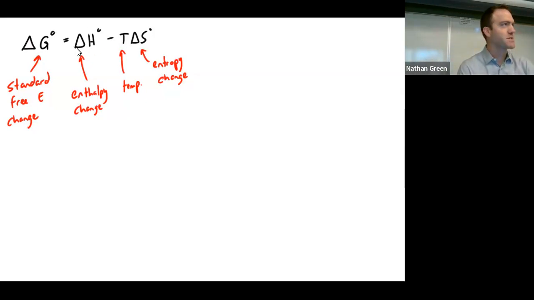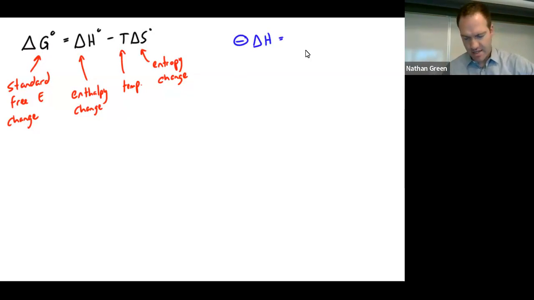Let's think about these terms as far as giving off heat or taking in heat, becoming more disordered or more ordered. If we want delta G to be negative, we want delta H to be negative, because a negative delta H, there's no term in front of this, is going to make delta G negative. The more negative delta H is, the more negative delta G will be.